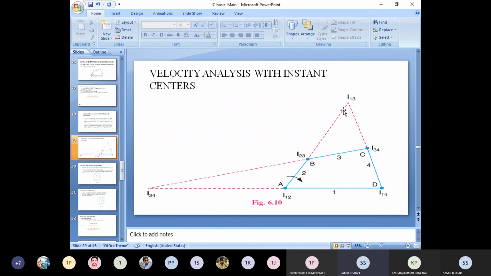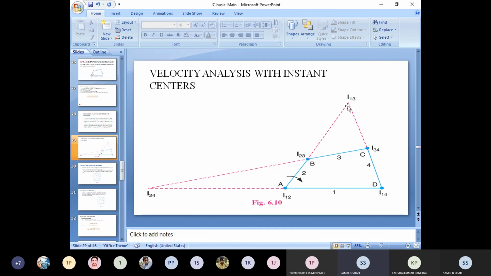Now we have to measure this length. As we already know, this is 300 mm, this is 360 mm, so it is 0.3 meter, 0.36 meter, and this is 600, so we consider 0.6 meter.